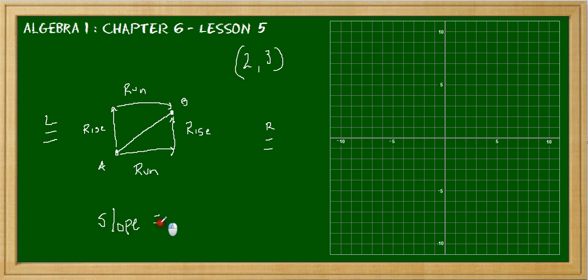So slope is equal to rise over run. Regardless of how we look at it, the run has to go on the bottom, and as we said, the run was 4. You can certainly go run first, but it's very good to get into the habit of rise, run.